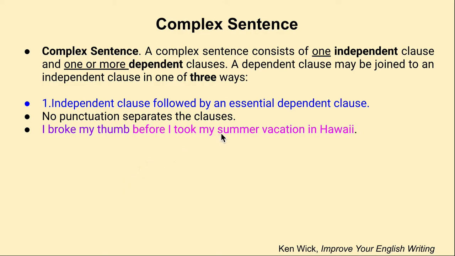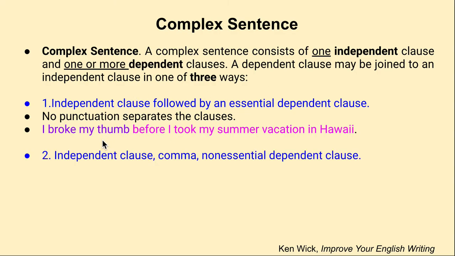Because before I took my summer vacation helps define or limit, or is essential to the meaning of, when I broke my thumb. The second way to do it is independent clause, comma, non-essential dependent clause. This is why this is important, because with a non-essential dependent clause, you put a comma.